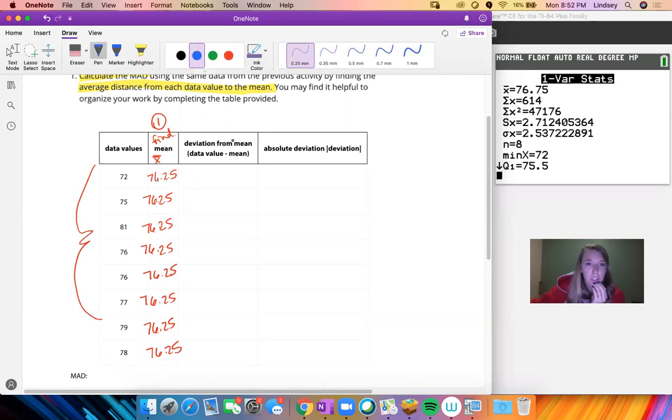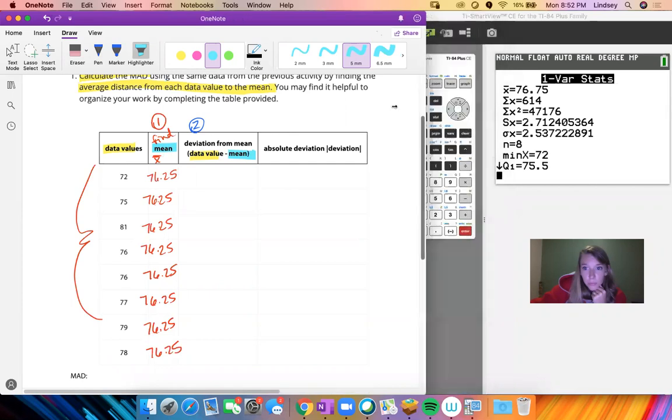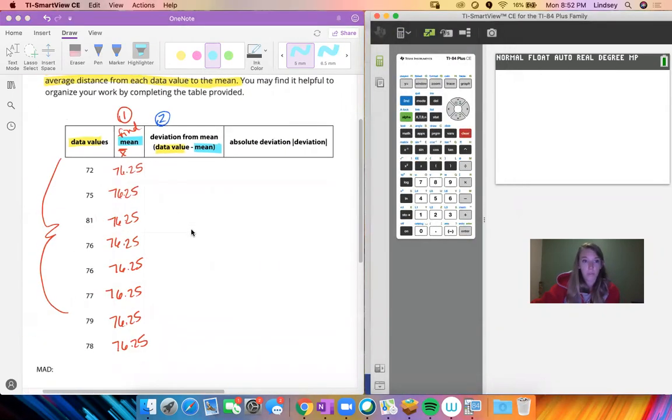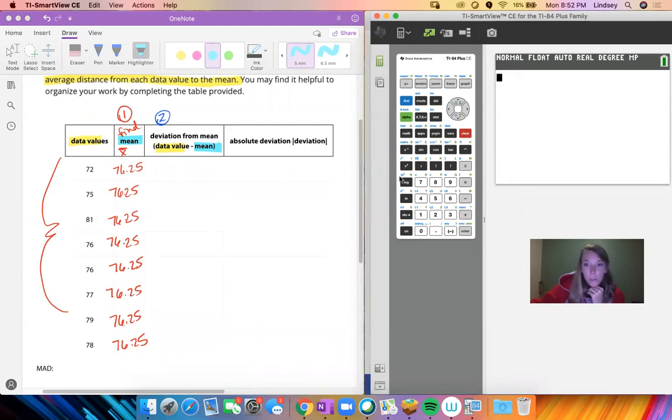All right, step 2. It tells you what to do. You're going to take the data value, and then you're going to subtract the mean. So, for example, I'm going to do my data value, which is 72, and I'm going to subtract the mean, minus 76.25.